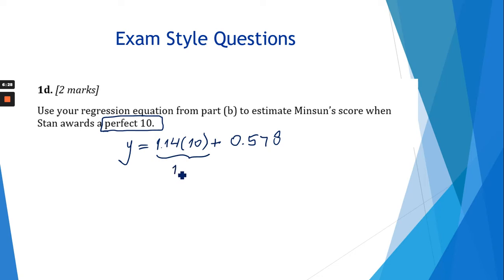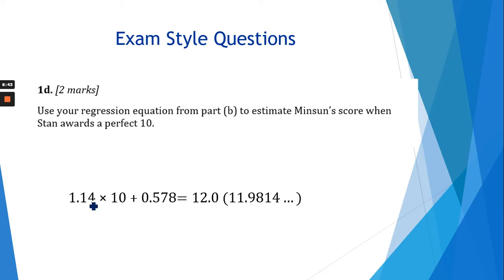We're going to have 11.4 plus 0.578, so we end up with a value that is greater than 10. When we round these two values, we get 12. So we just used the regression equation, plugged in the value of 10, and we got a value of 12.